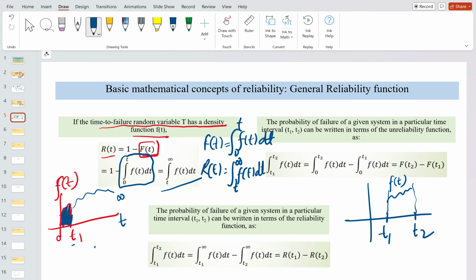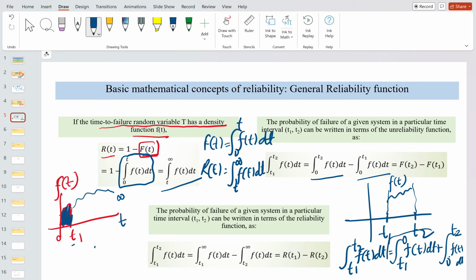So between t1 and t2 you can write it like this: the integral from t1 to t2 of f(t) dt is equal to the integral from t1 to 0 of f(t) dt plus the integral from 0 to t2 of f(t) dt.